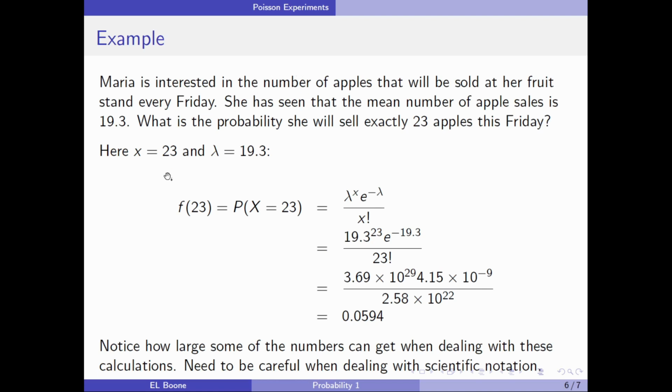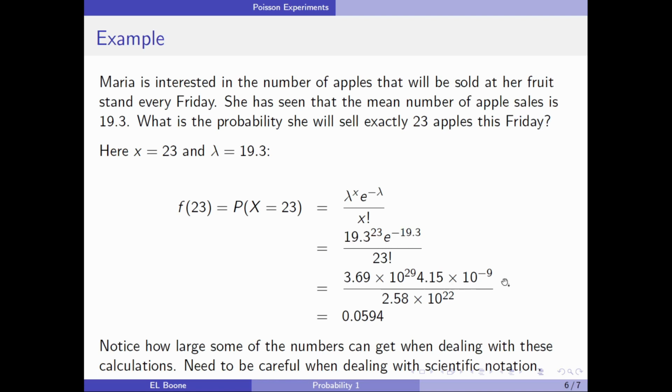So here, let's suppose she sells exactly 23. Now, the mean number that she sells is 19.3. So we just have our formula from before, plug everything in, lambda to the x, e to the negative lambda over x factorial, shove that in, 19.3 to the 23rd. Wow, that's a big number. E to the negative 19.3.